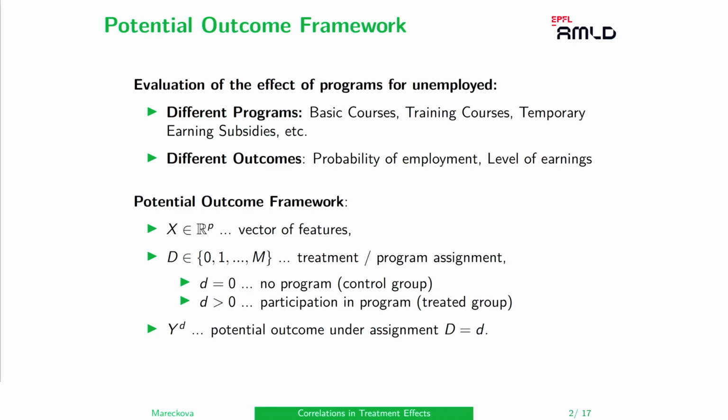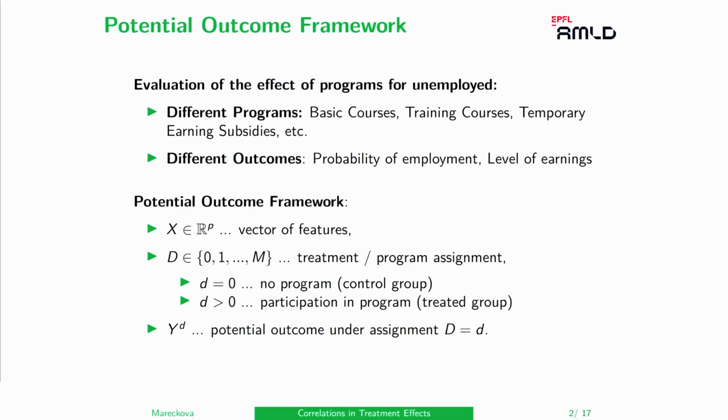So the framework in which we can do such an evaluation analysis is called the potential outcome framework, where we capture the following data about unemployed individuals. First, we have the vector X, containing the features, the information of all unemployed individuals.